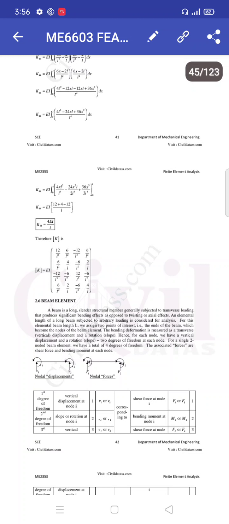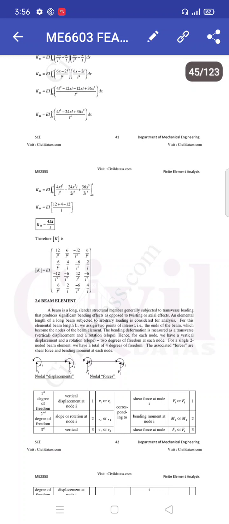For this element of beam length L, we assign 2 points of interest, that is the ends of the beam, which become the nodes of the beam element. Bending deformation is measured as a transverse, that is vertical, displacement and a rotation, or slope. Hence for each node we have a vertical displacement and a rotation, 2 degrees of freedom at each node. For a single 2-noded beam element we have a total of 4 degrees of freedom.